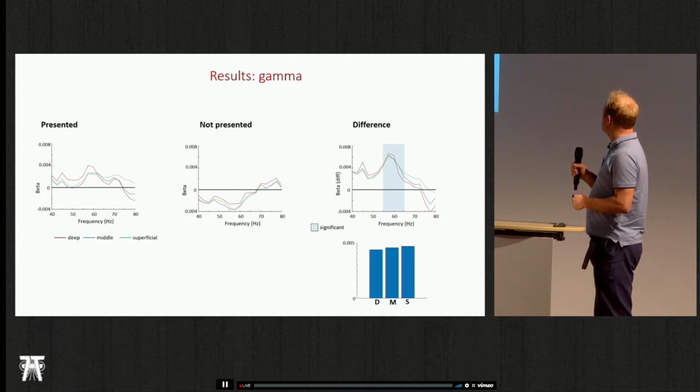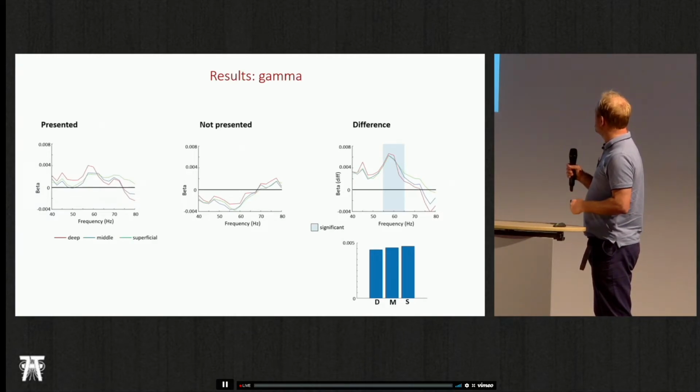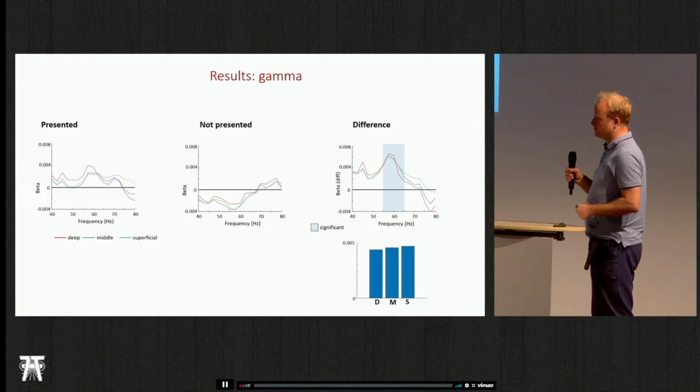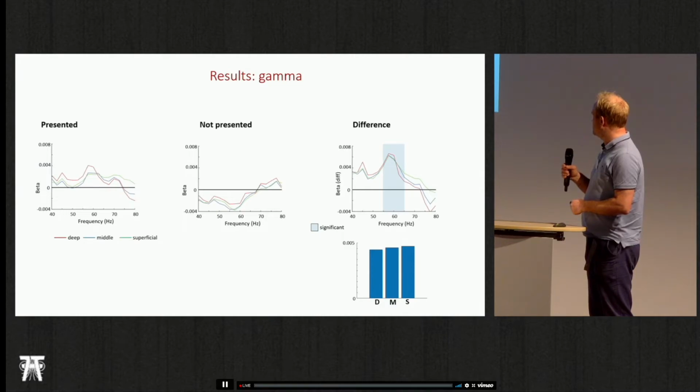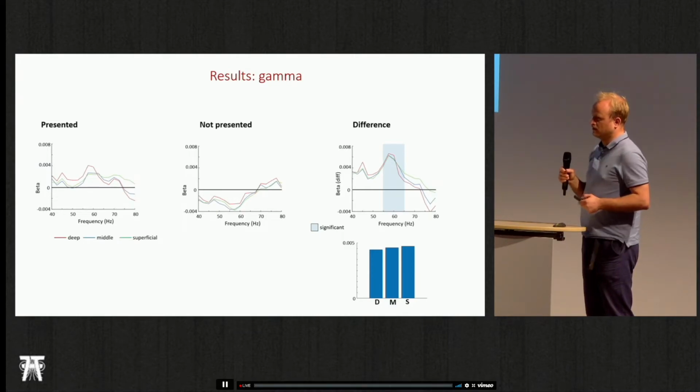This is the significance for all different layers. But if we now, for this significant part, zoom in at the deep, middle, and superficial layers and average across this frequency range, we find a monotonic increase from deep to middle to superficial, which is in line with gamma being more related to superficial layers. And if we test for this monotonic increase, it is significant over subjects.